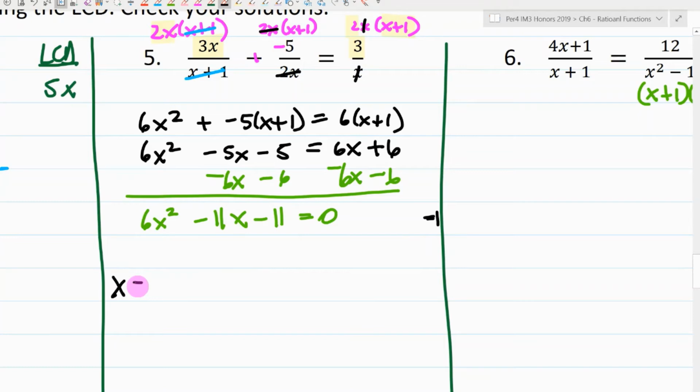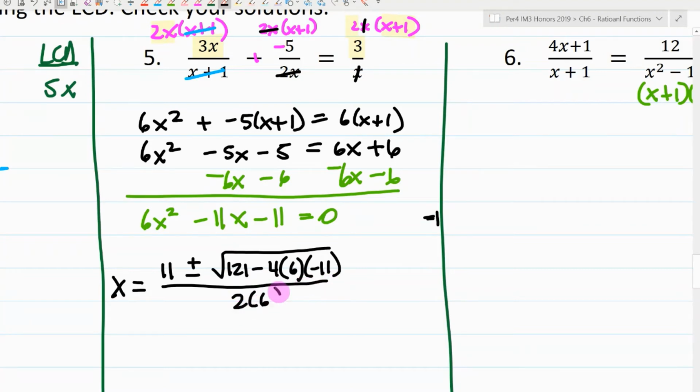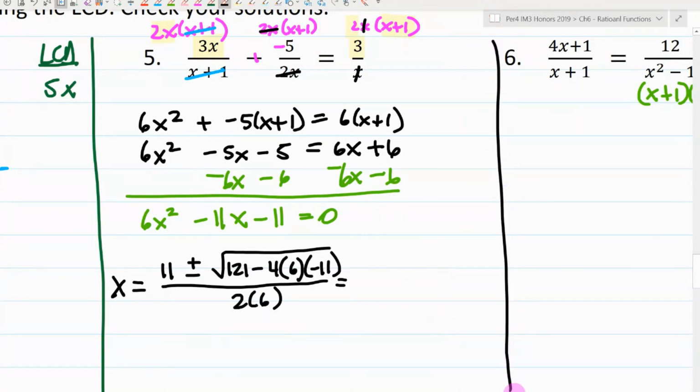So negative b plus or minus square root of b squared minus 4ac over 2a. Actually, I'm going to go ahead and do that here.